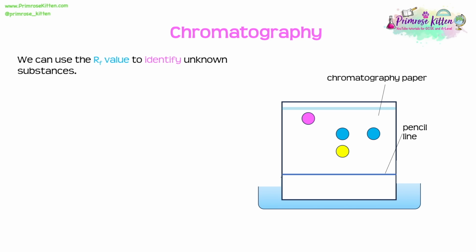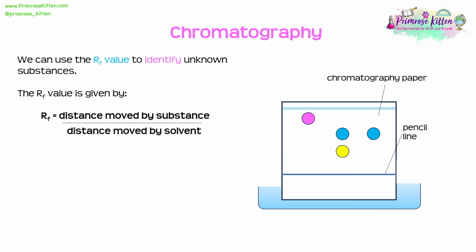So in carrying out this chromatography, we can calculate an RF value that will be used to identify unknown substances. All different substances will have their own unique RF value. So the way that we work out the RF value is we get out our ruler and we measure the distance moved by the substance. So that will be from that pencil line up to the point where that dot has moved. And then we divide it by the distance moved by the solvent.